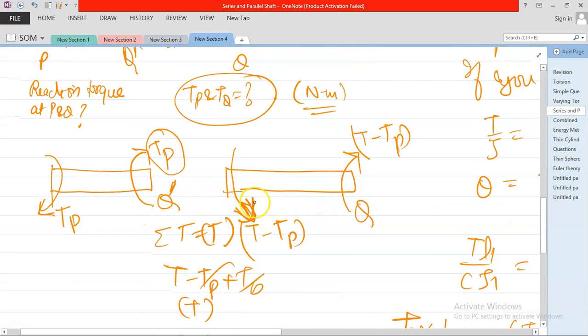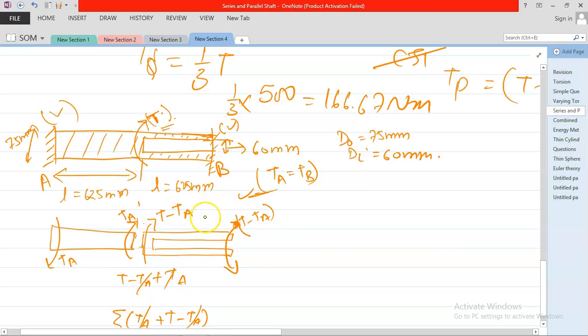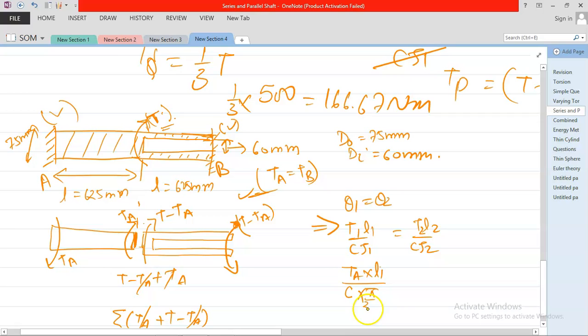It should be T minus Ta above, and it should be below. Now add both the things. You will get T minus Ta plus Ta. Earlier it was in the opposite direction, so it would not give the same answer. In the above question also I made it wrong. It will be in the opposite direction, T minus TP.